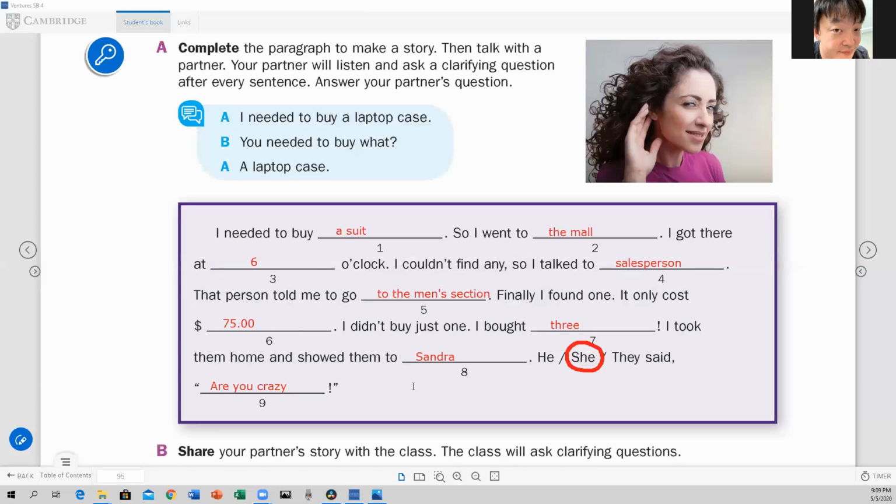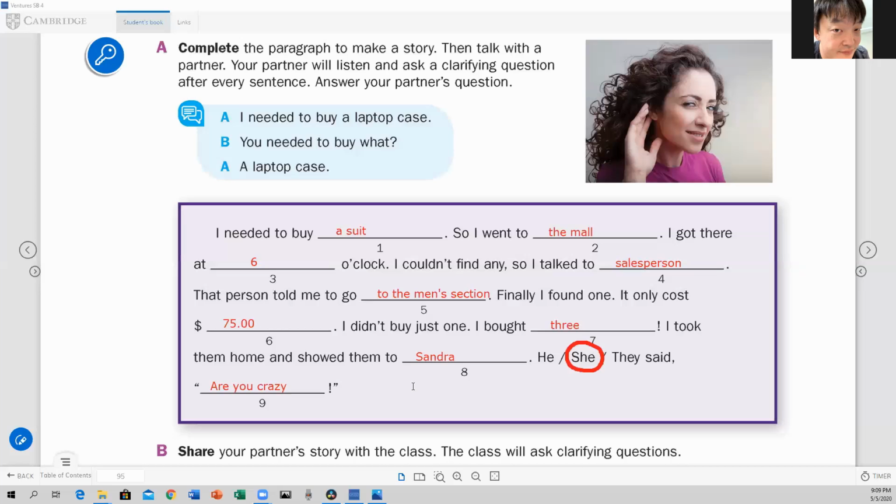I didn't buy just one, I bought three. You bought how many? I bought three. I took them home and showed them to Sandra. Show them to who? To Sandra. She said, "Are you crazy?" She said what? "Are you crazy?"